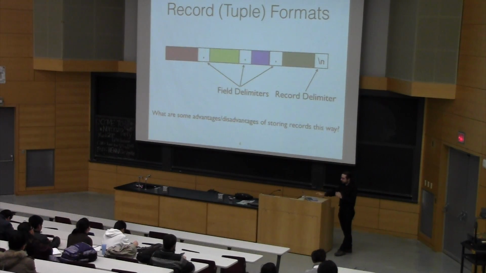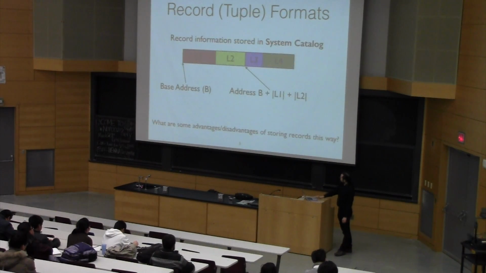On the other hand, I could store records in a fixed size layout. I know every time I load a record into memory, field number 46 starts at this memory offset. And let's say each field is an integer. Let's go with 8-byte integers.